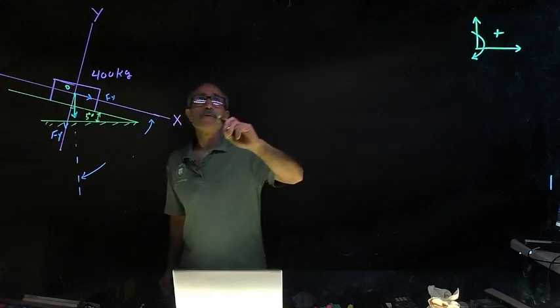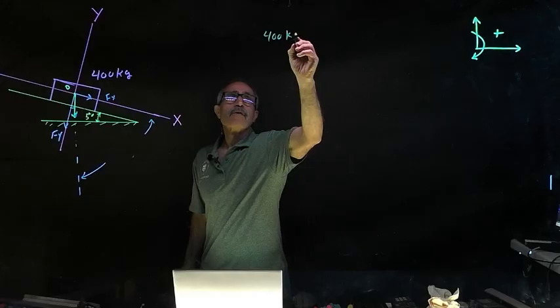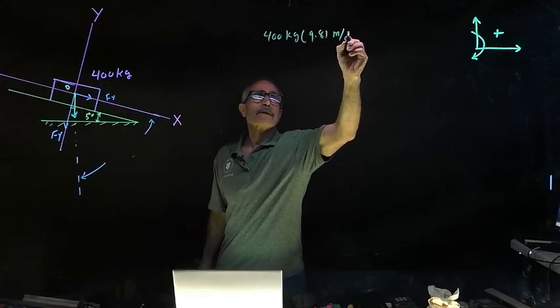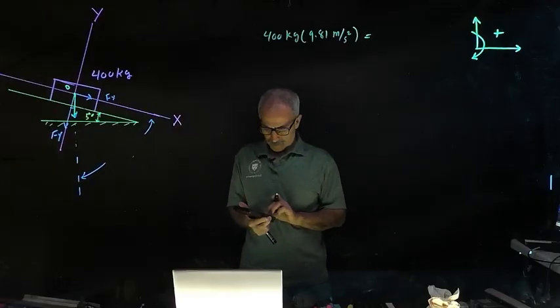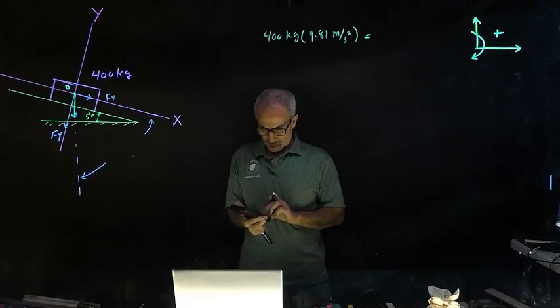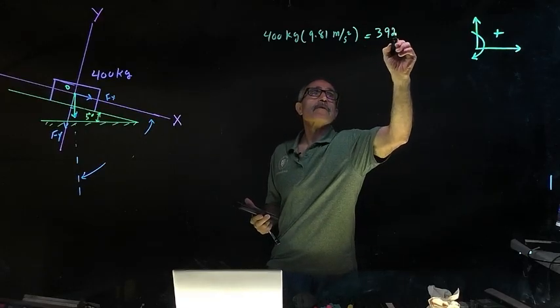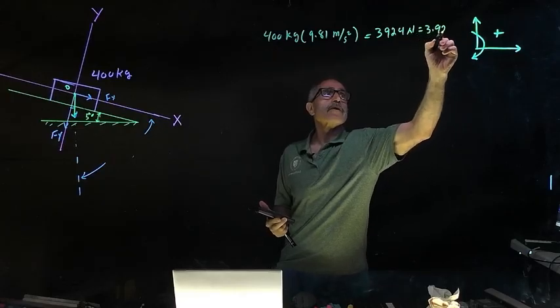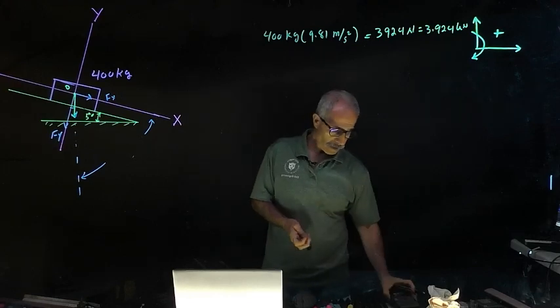The way we can do that is 400 kilogram, and if you multiply that by 9.81 meter per second squared, that will give us 3,924 Newton, or 3.924 kilonewton.